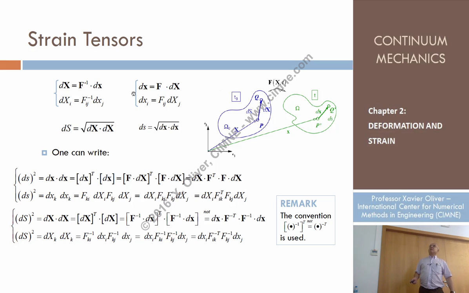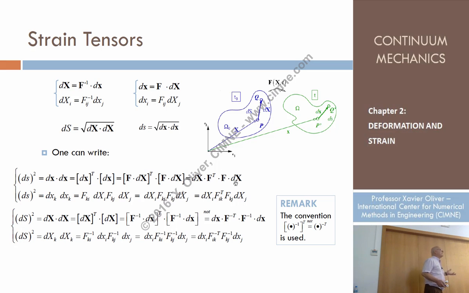Using the fundamental equation, the transpose of differential of x is the transpose of F times differential of X, using the rule that the transpose of a product is the transpose of the second times the transpose of the first. I obtain this equation, which says that differential of s squared is equal to differential of X times F transposed times F times differential of X.